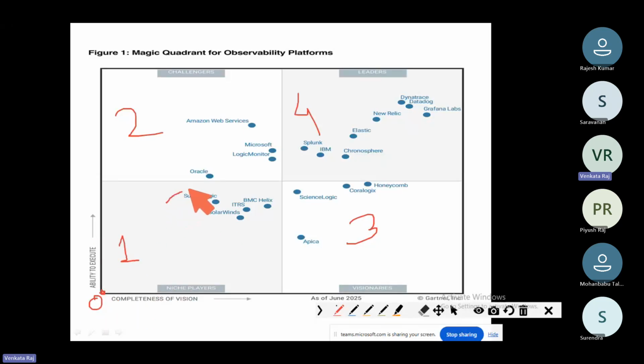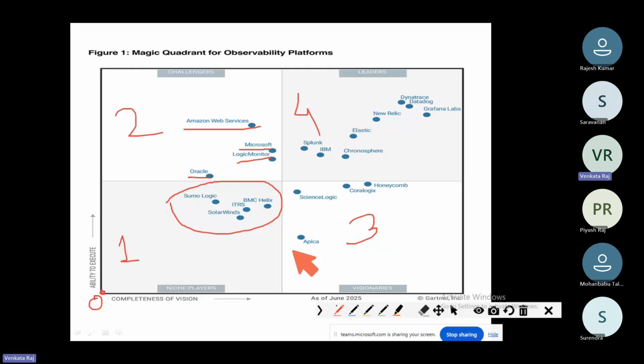So here there are some platforms: SolarWinds, Helix, Sumo Logic. Then in the challengers, guys, you see Amazon Web Services, Logic Monitor, Microsoft, and Oracle. Here they have a higher ability to execute, but their vision is not yet complete.